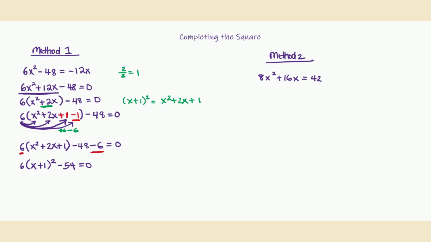This is already perfectly set up so that we can work on both sides, and so we'll do that. We'll start again by factoring out the 8, which leaves us with x squared plus 2x, and this is equal to 42. Now just like we did before, this is also the perfect square we'll be working with. Because we have the first part, all we have to do is just add in 1 in order to complete the square. So we'll do that.